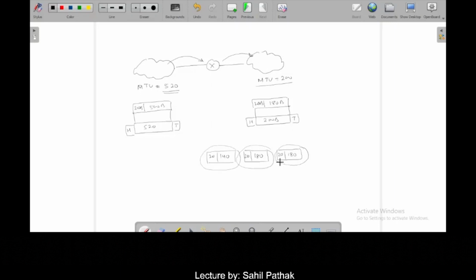And here if you look at the overall data size, what is being transmitted over here was 520 bytes, and here what is being received is 500 plus 20, 20, 20, that is 560. So you can see the overhead comes out to be 40 bytes.